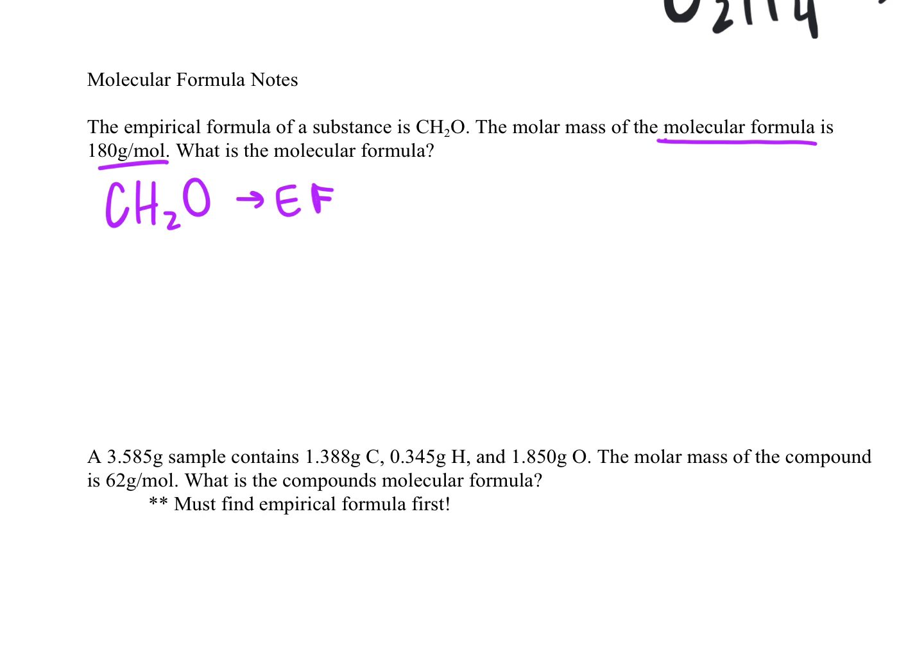Okay, and the way I go about that is the first thing I need to do is find the molar mass of my empirical formula. Okay, so grab your calculator and your periodic table out. So we have that out in front of us.